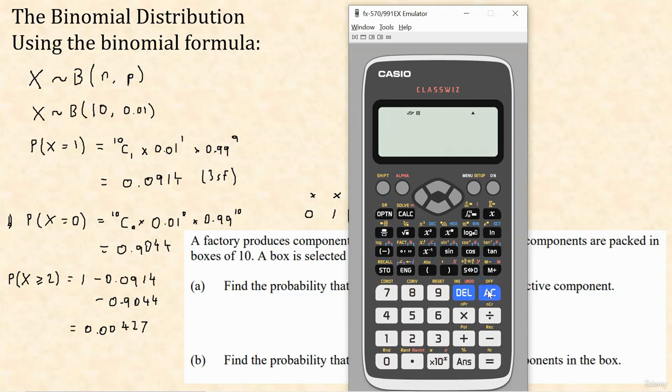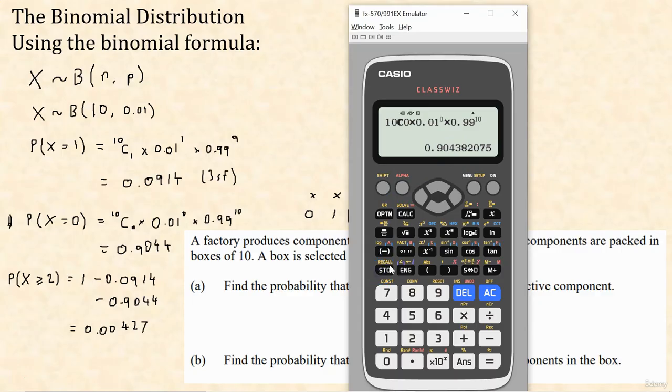I can now calculate the second one. That was 10 choose 0. By the way, it's good to know to speed things up in future: anything choose 0 is just 1. So 10 choose 0 is just 1, and 0.01 to the power of 0 is also 1. So all of that is just 1 so far. Then 0.99 to the power of 10. Here was the answer to the second question, but I rounded that as well, so I want that stored totally accurately.